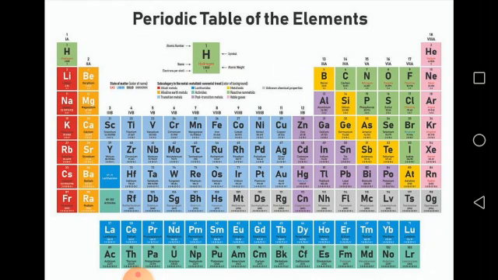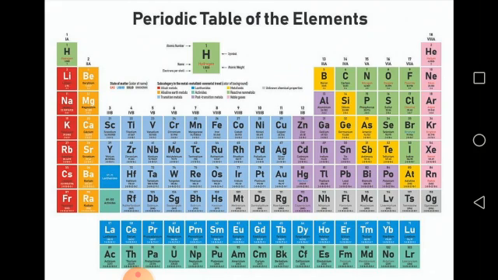While if the last electrons are located in the P sublevel, then this element is located in the P block. If the last electrons are located in the D sublevel, the element will be in the D block. Finally, if the last electrons are located in the F sublevel, this element will be found in the F block.